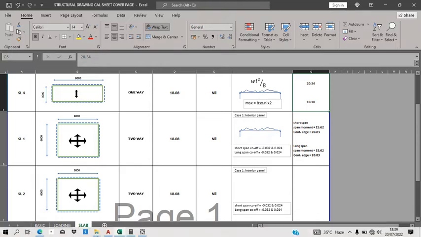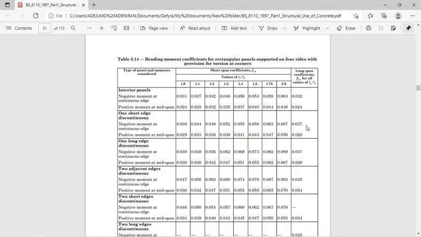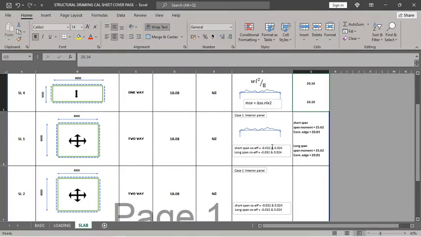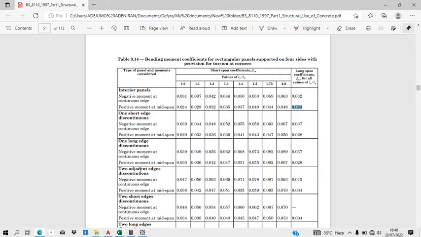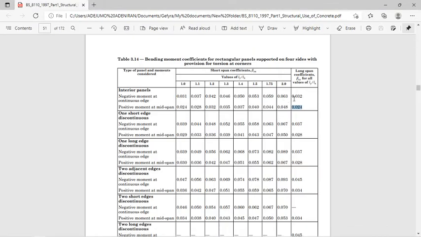So I took the liberty and assumed that both of them are long span, and that's where I got the coefficient for support, the negative moment, and the coefficient for the positive moment that you are seeing here. So the short span coefficient is the same as the long span coefficient, because there's no distinction with which one is the long span.